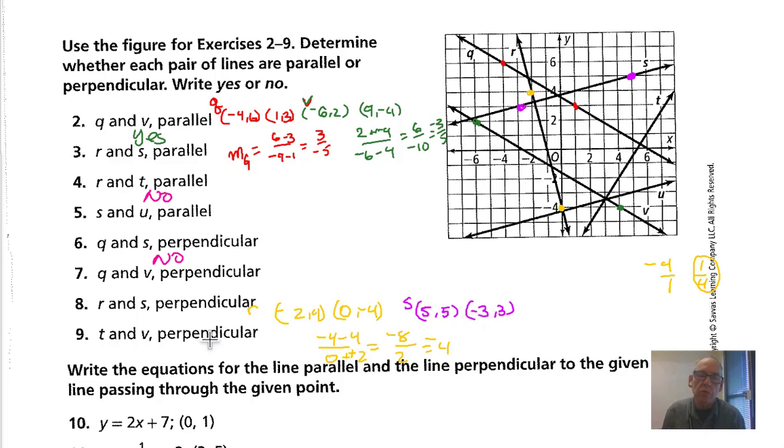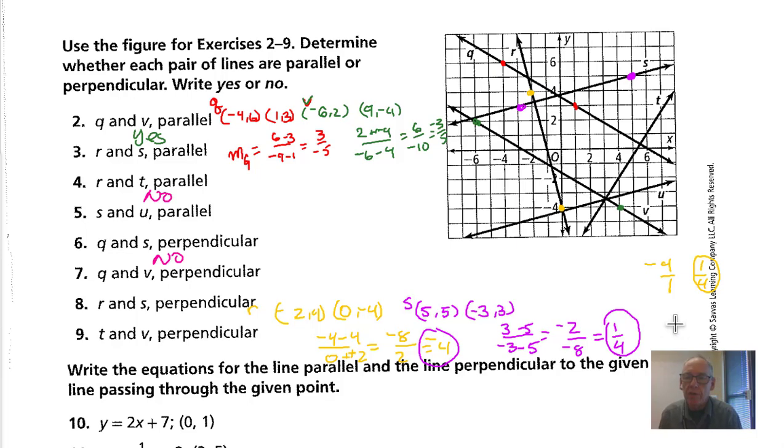So I would need to check this one and see what we get. So I would do 3 take away 5 over negative 3 take away 5. 3 take away 5 is a negative 2. Negative 3 take away 5 is a negative 8. This simplifies to positive 1/4. So we've got a positive 1/4 slope with a negative 4 slope.